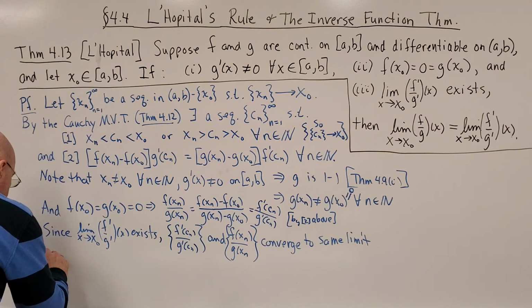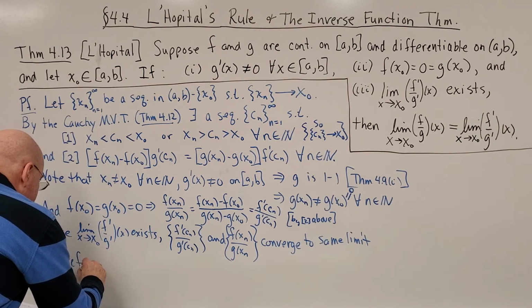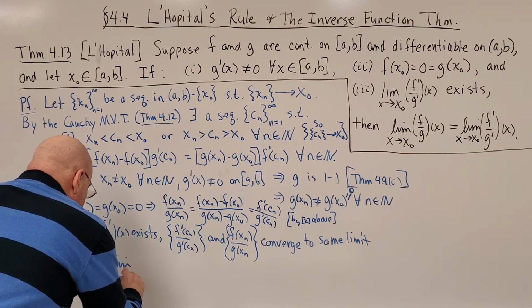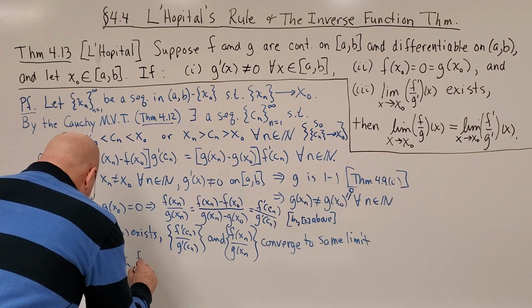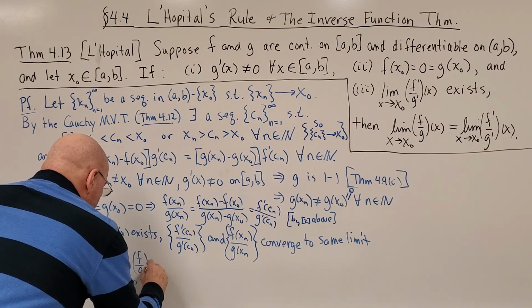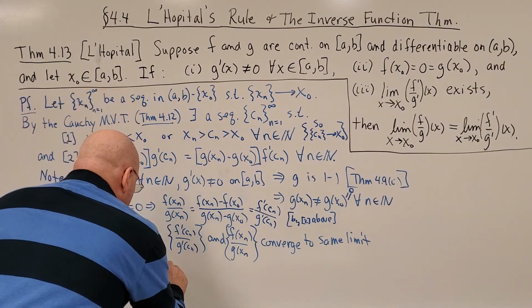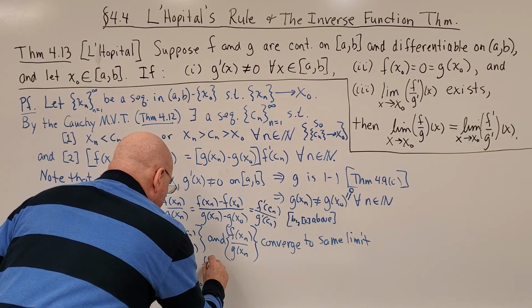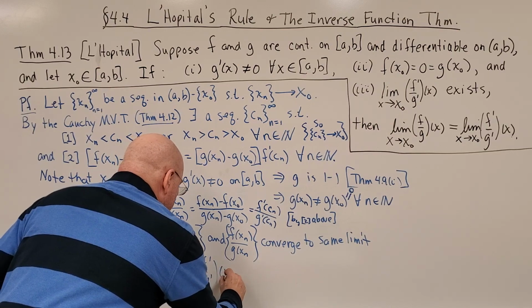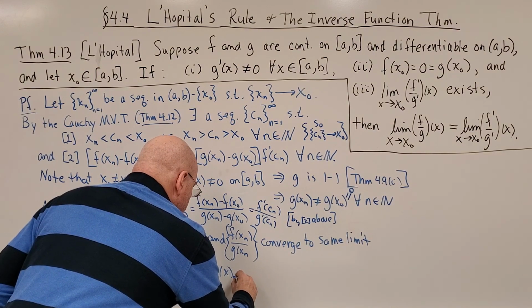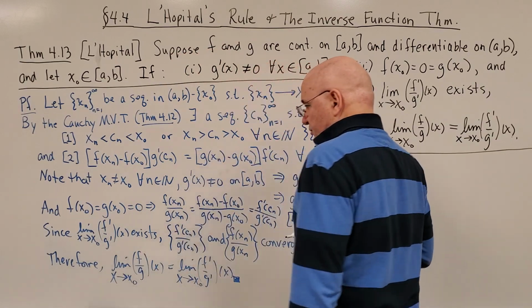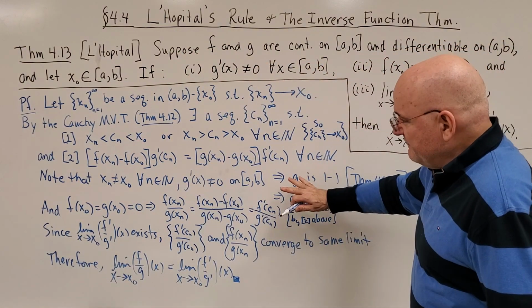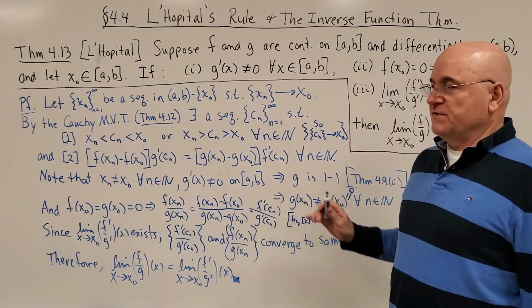So therefore, since they converge to the same limit, we can simply say that the limit as x goes to x naught of f over g of x is equal to the limit as x goes to x naught of f prime over g prime of x. And that's exactly what we needed to prove. And the Cauchy mean value theorem made this proof much more simple than it could have been.